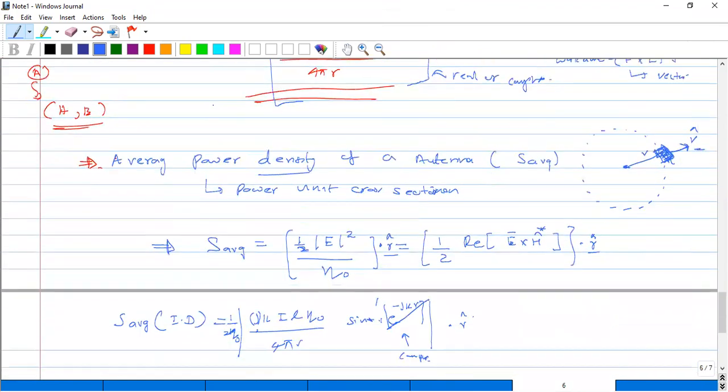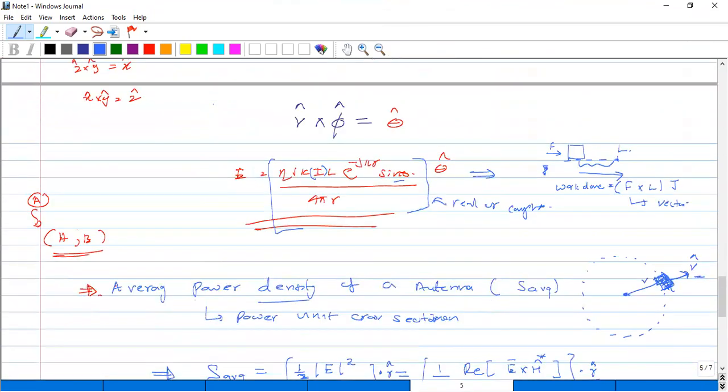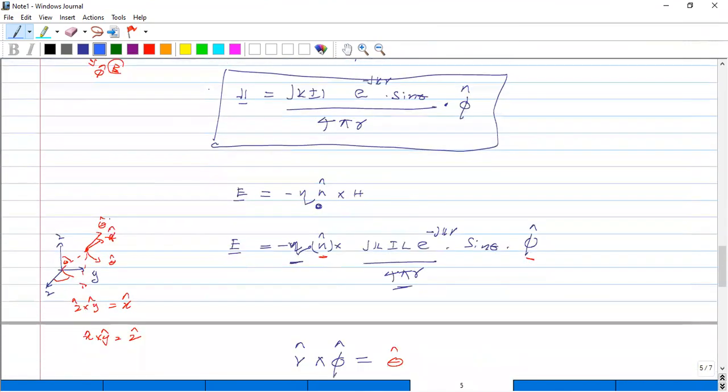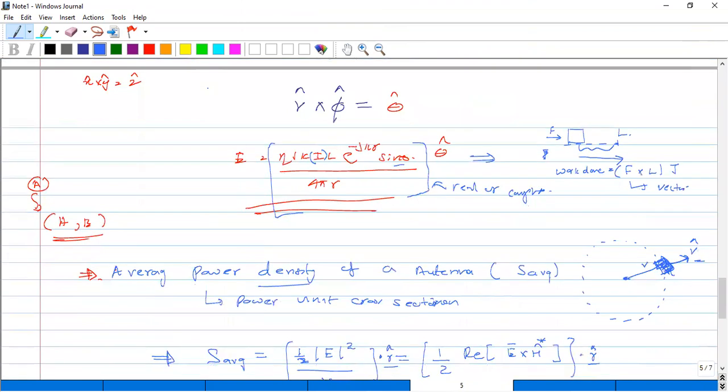So you can see that. I will tell it again. You want to get the magnitude of this E. You have to get the magnitude. So this is a vector, and if you consider this vector, this is the magnitude part.